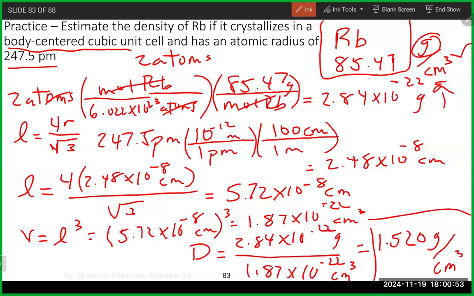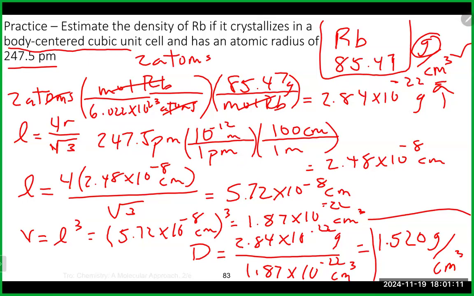It may not always be in picometers, but it's a common unit for it. But it is possible you could be given density and asked what's the radius or the edge length, working backwards. Other questions?